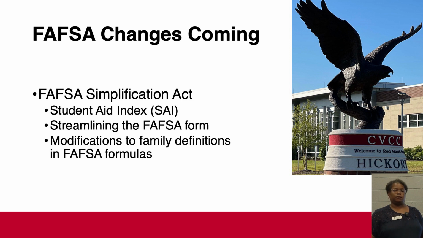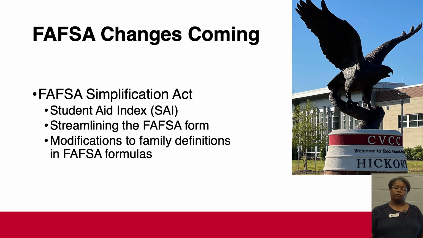FAFSA changes. This year, you were awarded FAFSA based on your expected family contribution number, which is called the EFC. Next year, that will change. It will go on the student aid index. The Department of Education is removing the college question off your form and will only award your aid based on the information that was sent to the IRS.